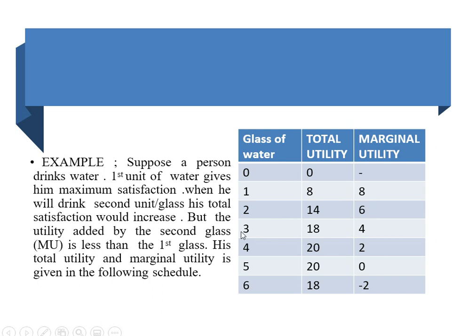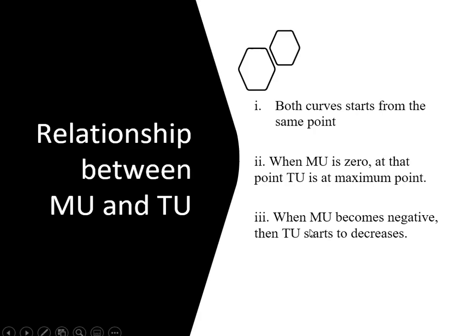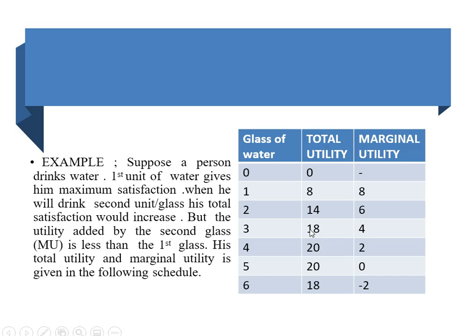When he uses the third glass, the total utility will become 18, but he already has 14 utils. So what is the benefit of using the third glass? That is 4. How are we saying this? We are saying this because 18 minus 14 equals 4, and similarly it goes on up to this point.